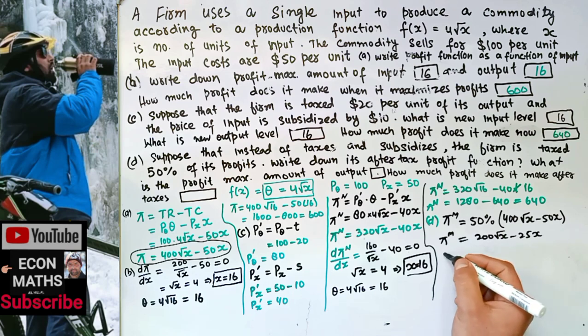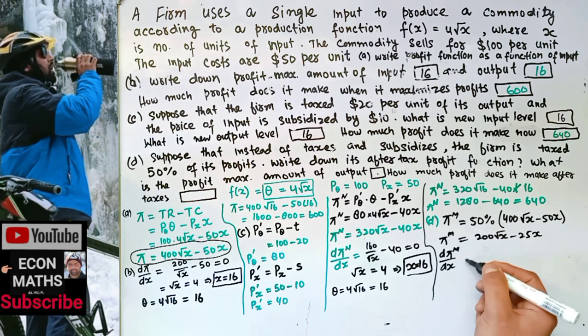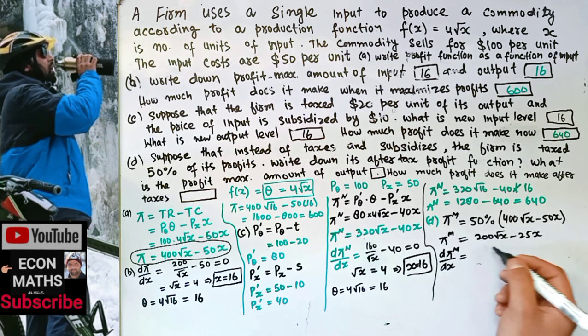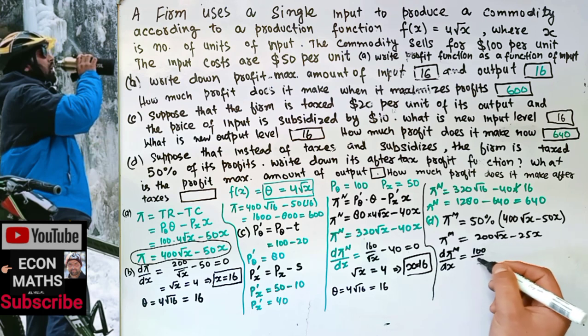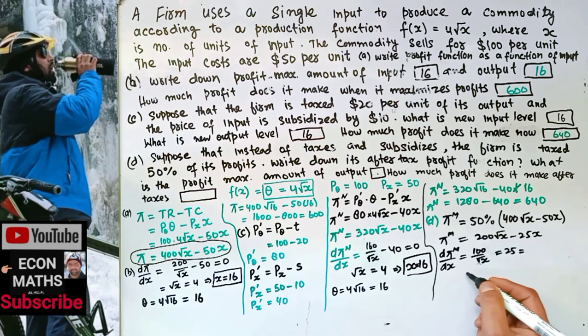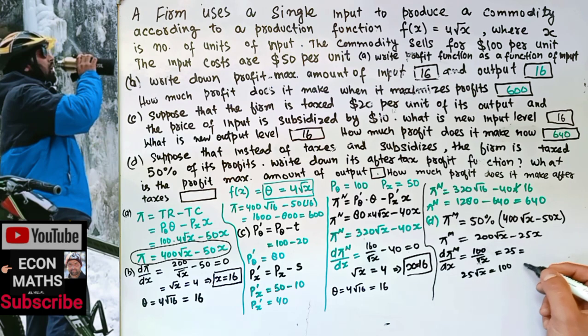So taking again the derivative of the profit function with respect to input and setting it equal to 0, it will become 100 upon under root x equal to 25, which implies under root x is equal to 100 upon 25.